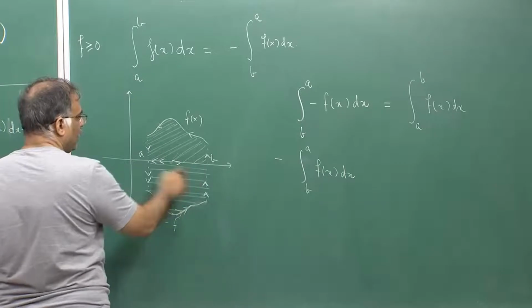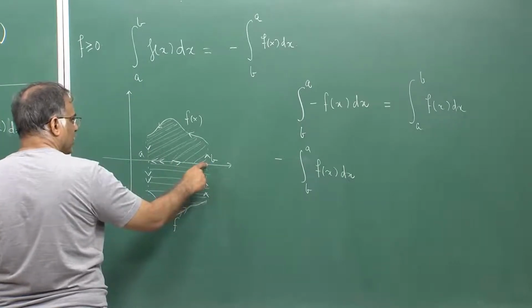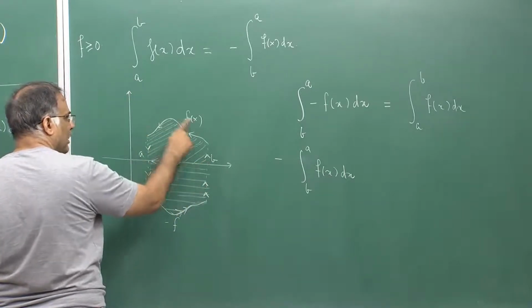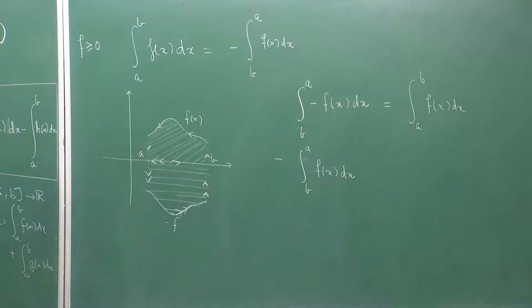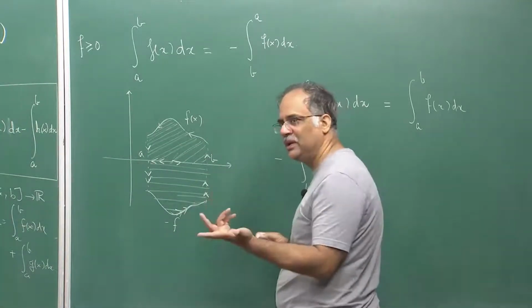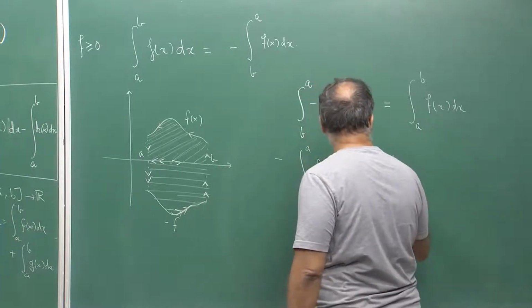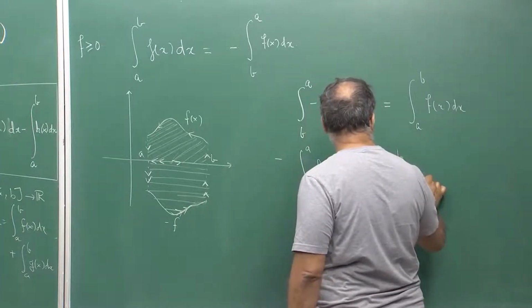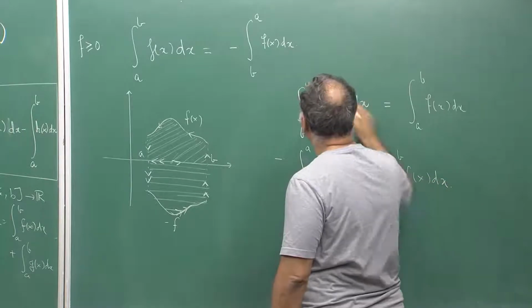So if you look at now walking in the clockwise direction from B to A like this, then my area would be negative. But that area numerically must be same as the area from A to B, and that is the logic behind this.